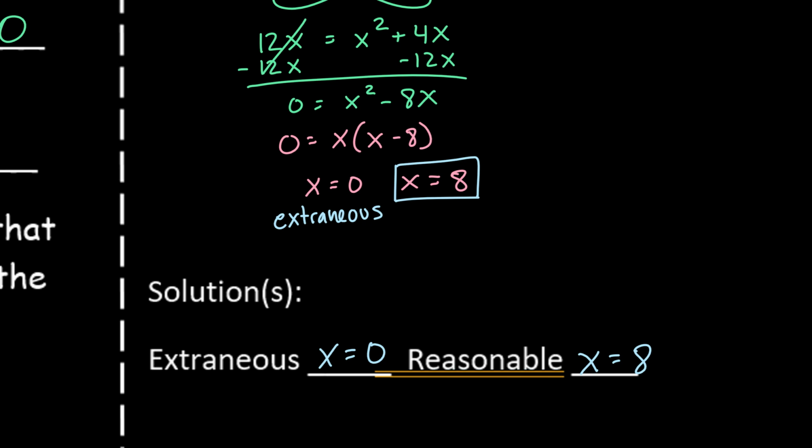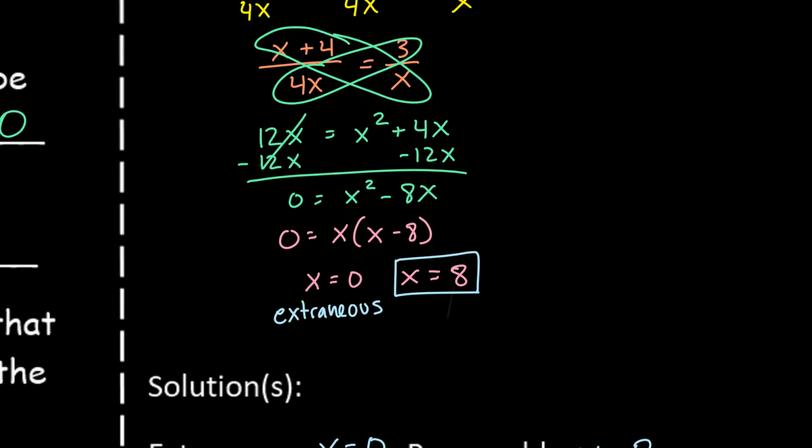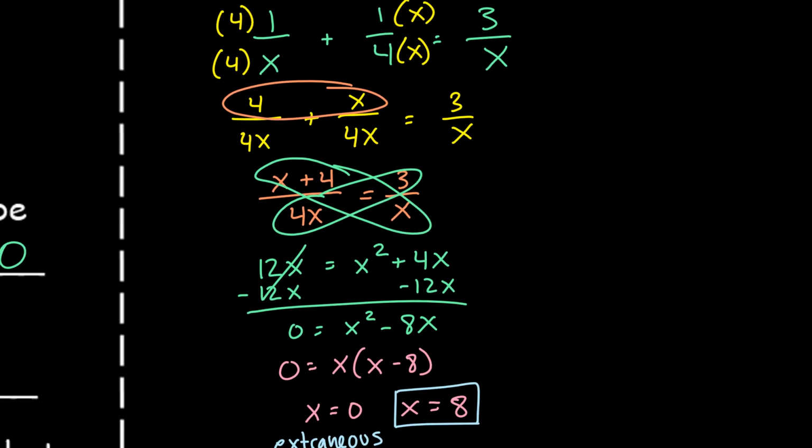Did I lose anybody? I do want to show you, though, I showed you how to solve this way because when the problems get harder, this is always the straightforward, easy way to go. But way back up here, when I had this, what else could I have done?